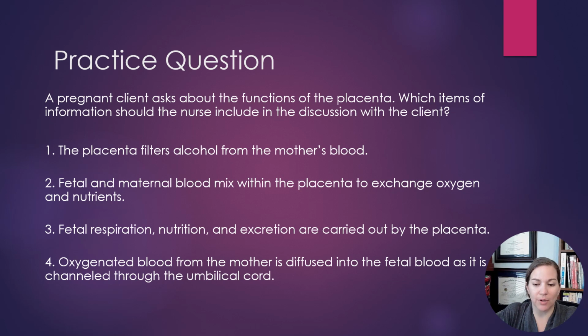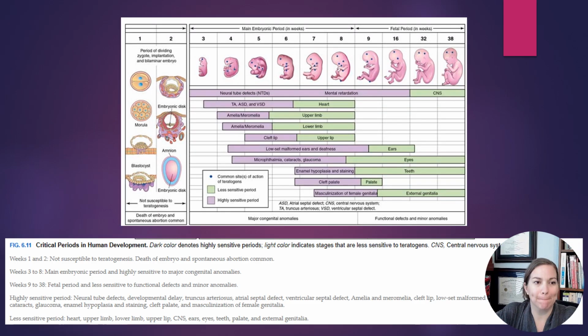All right, practice question here I'll let you look at on your own when you're going through the PowerPoint. Here's figure 6.11 that has a really good outline of fetal development.